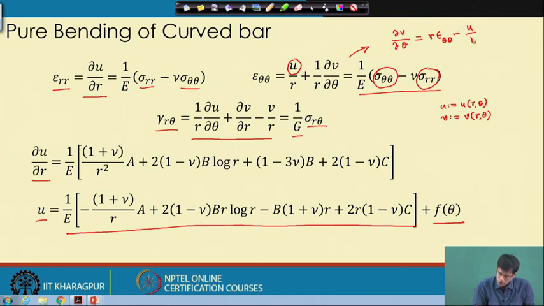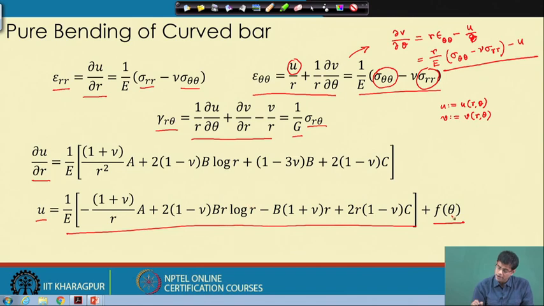We have just used this equation. Now, epsilon theta theta I can substitute: r by E into sigma theta theta minus nu sigma r r, minus u. This is my dv d theta. In this expression I know u from here, and sigma theta theta and sigma r r we know.